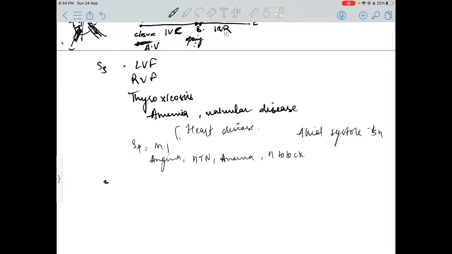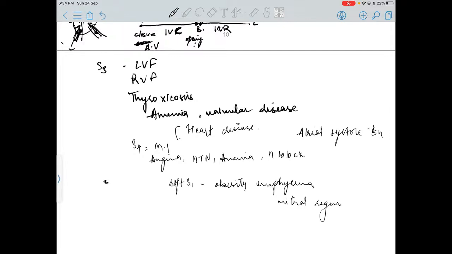S1 is very soft in obesity, if there is emphysema, and if there is mitral regurgitation. Very good.